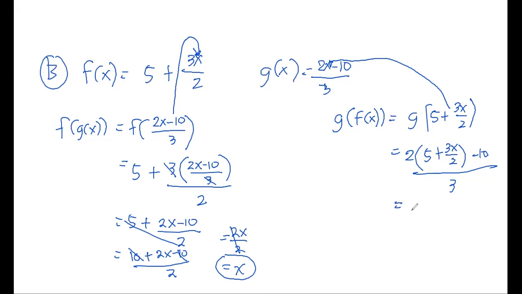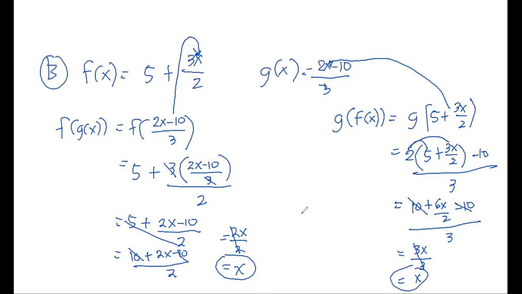We have 10 for this. For the next one, we have 6x over 2 minus 10 all over 3. 10 minus 10 is 0, so you can cancel that. And 6x divided by 2 is 3x over 3. 3 divided by 3, that's 1, so we're left with x.